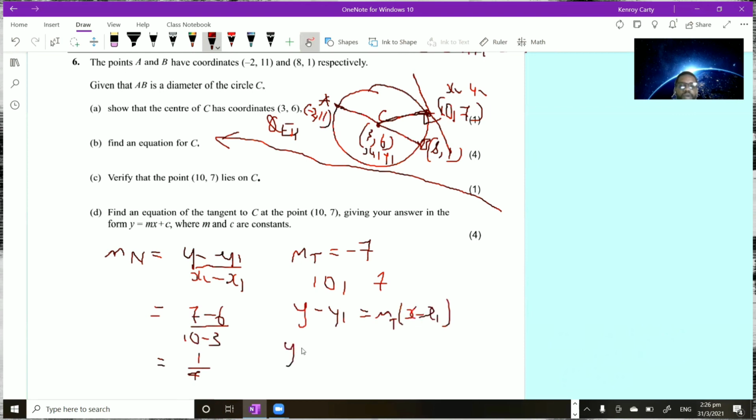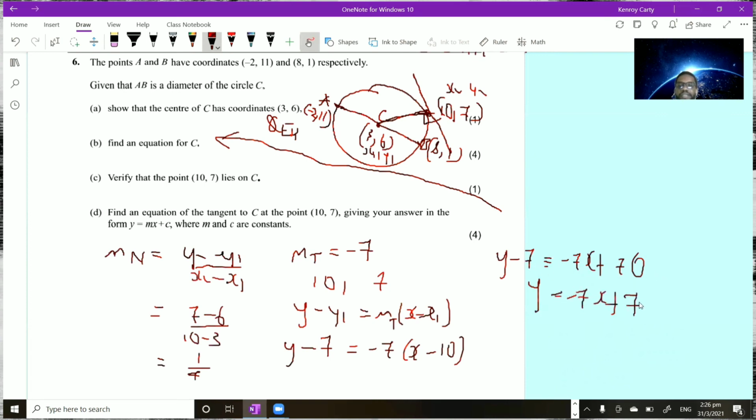So y minus 7 equals negative 7 into x minus 10. So you're going to have y minus 7 equals negative 7x plus 70. So y equals minus 7x plus 7 goes over and add to 70, gives you 77. And that will be the equation in the form y equals mx plus c.